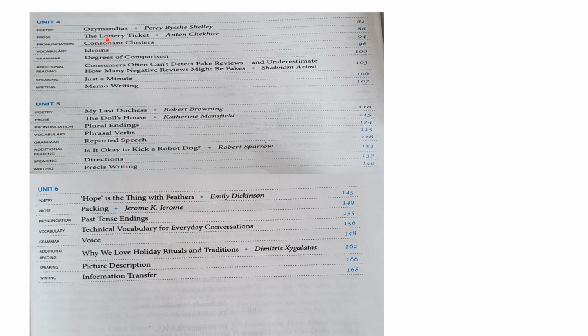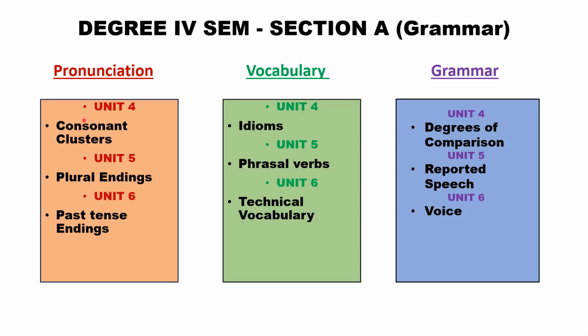You have your prose lessons, poetry, pronunciation, vocabulary, grammar, additional reading, and of course speaking and writing. Speaking may not be asked in the examination. That is for the practice. Okay, you have these three sections like pronunciation. You have consonant clusters, plural endings, and past tense endings from Unit 4, 5, and 6.